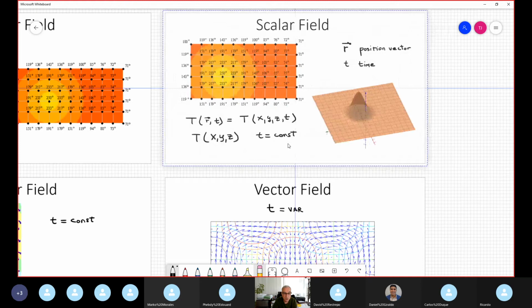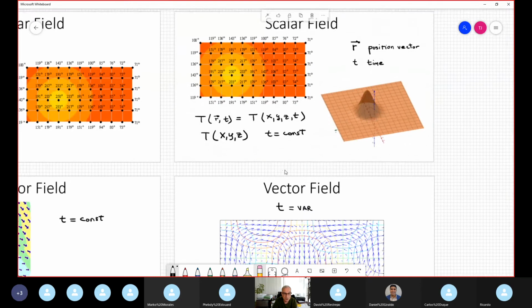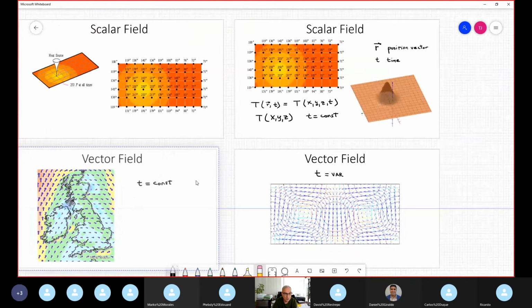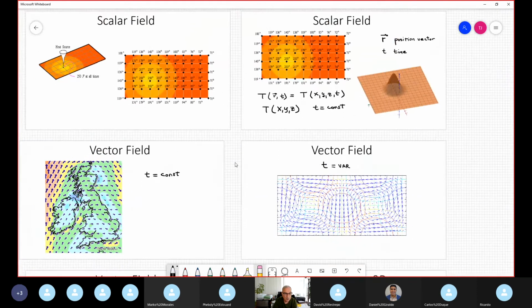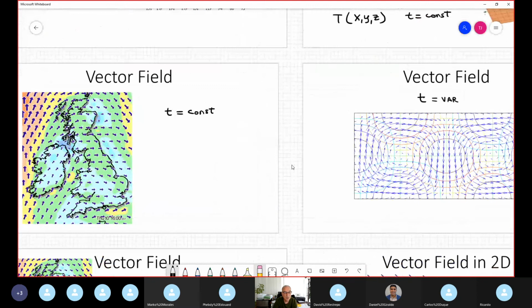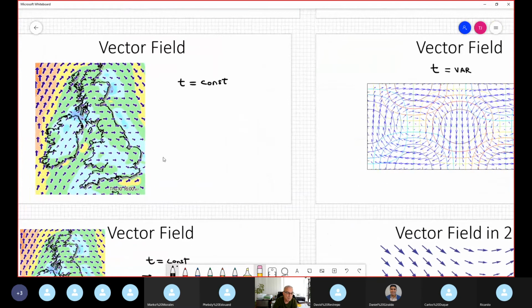Now vector field, no, it's different. Vector field, okay, is this. To understand vector field, we have this map. In this map, you see this arrow represents, for example, the speed of the wind in one specific time.